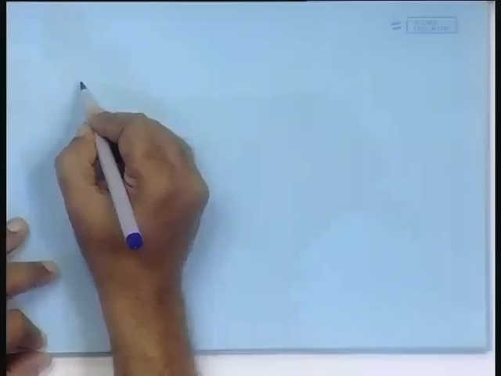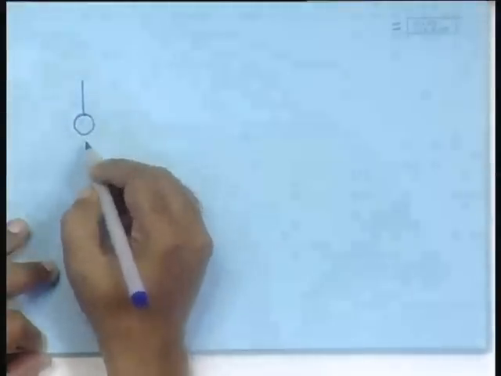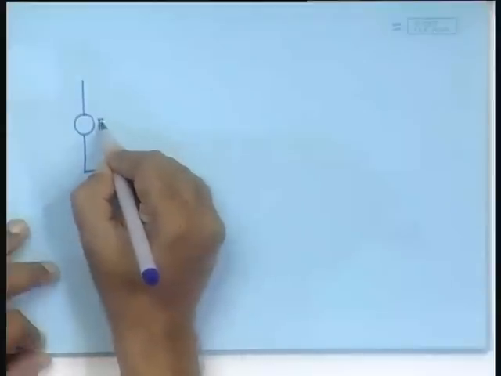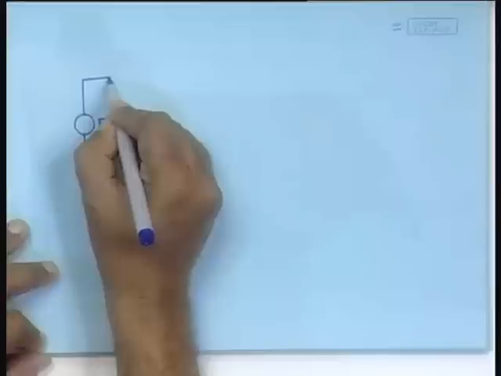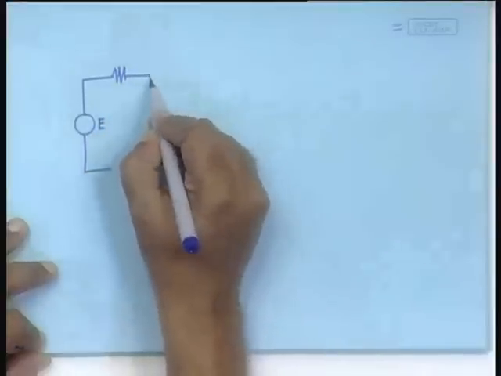Let us take a circuit example today. So, in this example, we have a source of effort E, then connected to a resistance, connected to an inductance.